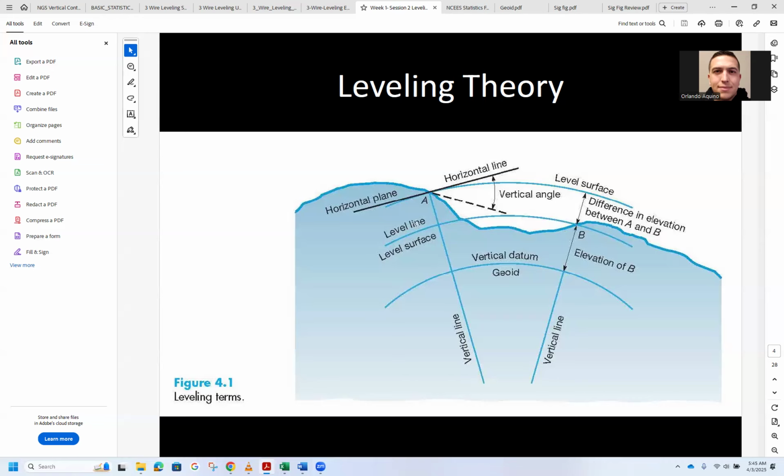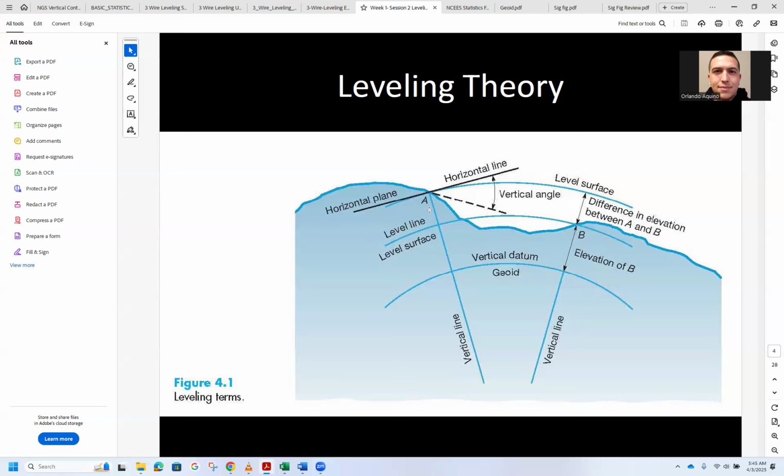Moving on to level line here. A line in the level surface, therefore a curved line. A level line is also used to describe a run of field levels consisting of benchmarks and turning points. So that's where you're using your foresights and backsights. Horizontal plane: a plane perpendicular to the local direction of gravity in plane surveying. So again, one of the things that we care about in this class.